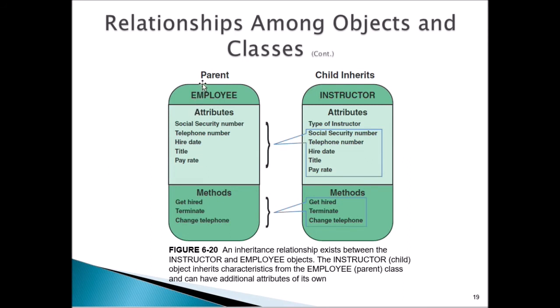So in this example here, we have two classes. We have the employee class and we have a subclass, instructor. So an instructor is a type of employee, so that's why it's a subclass. The employee is also referred to here as the parent, and the instructor side is referred to as the child.